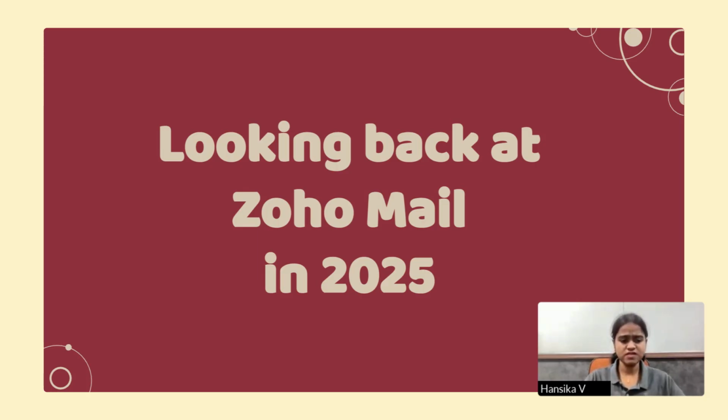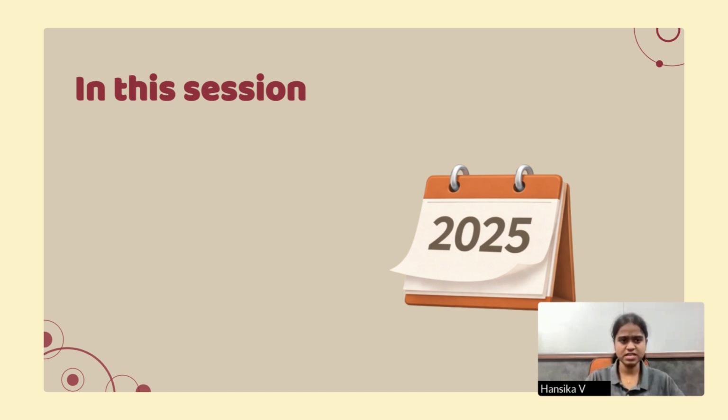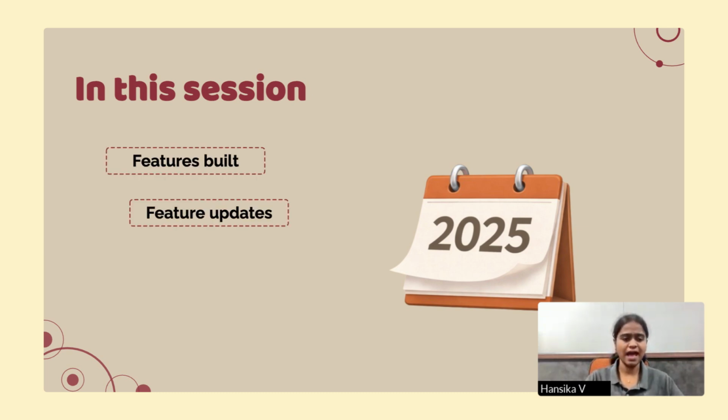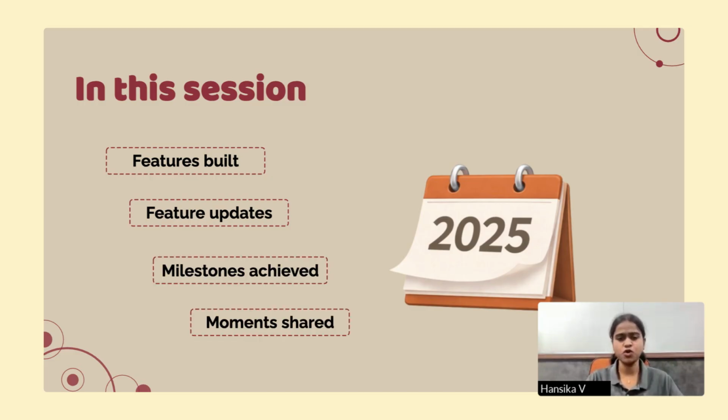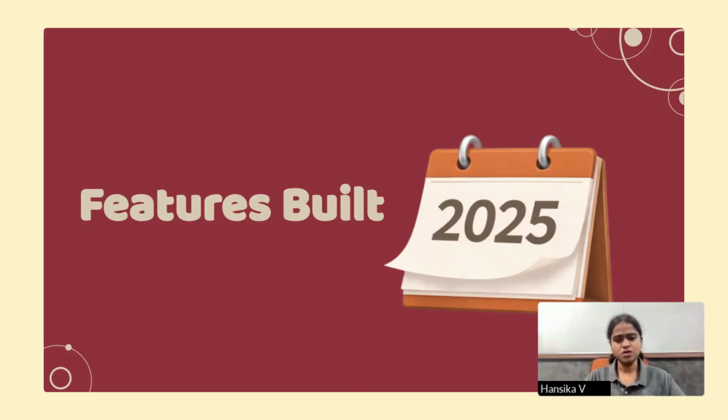In this session, we will discuss the features that were built, the feature updates that took place, and we'll be happy to share a few of the milestones that we have achieved in 2025, and end the session by sharing a few of the moments that we have shared with you. All of this is going to help you understand the new capabilities, the enhancements that have been done, and the features that made email managing, scheduling, and your workflows easier.